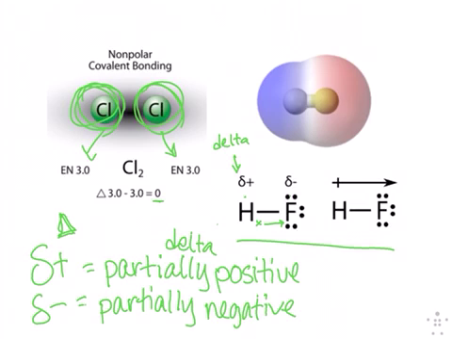That leaves hydrogen with a partially positive charge because the electron that it brings to the bond isn't really near that hydrogen. And the fluorine becomes partially negative because it's pulling the hydrogen's electron towards itself, causing it to be slightly negative. This is a constant tug-of-war situation.